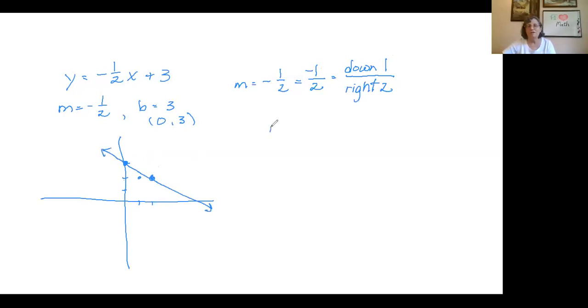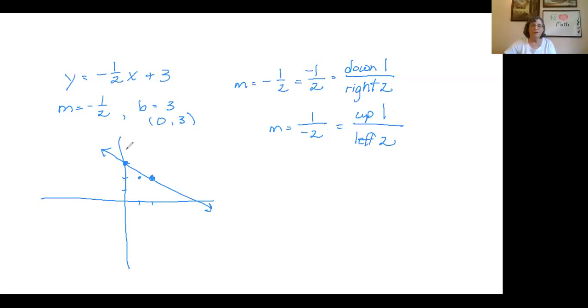I could have looked at this as a +1 over a -2, which is also equal to -1/2. Now that my 1 is positive, that would be an up 1. But since my 2 is negative and the bottom tells us left or right, this would have to be left 2.